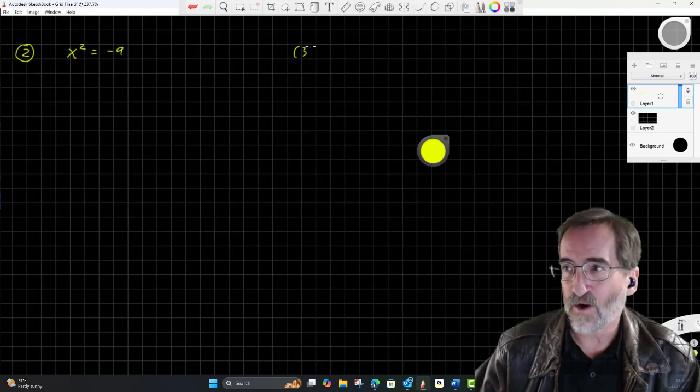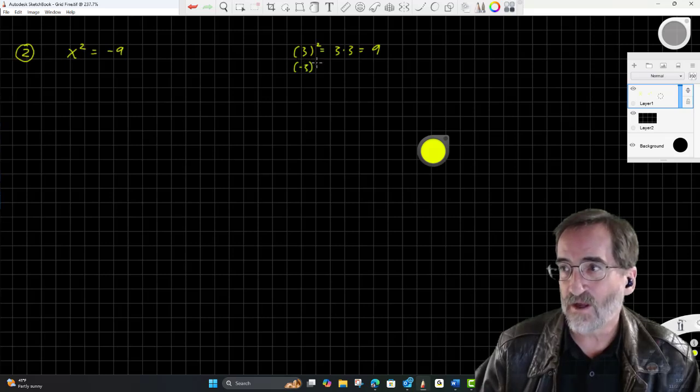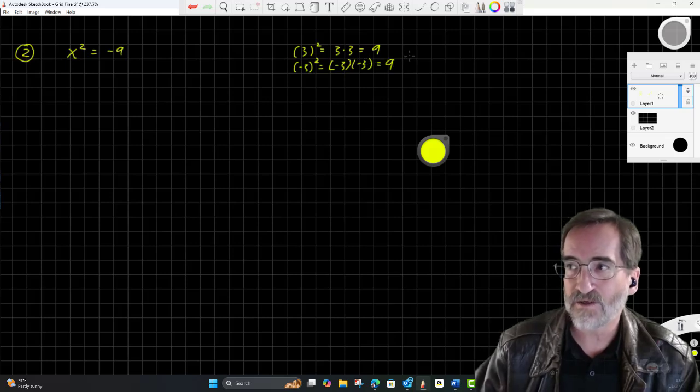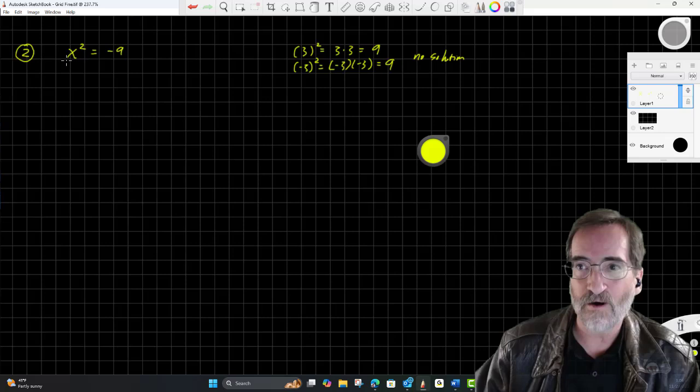Well, 3 squared equals 3 times 3, which is 9, not negative 9. Well, you might think it's negative 3. Negative 3 squared means negative 3 times negative 3, which is positive 9 again. There is no solution. Okay, so the rule is if x squared equals a negative, there is no solution.